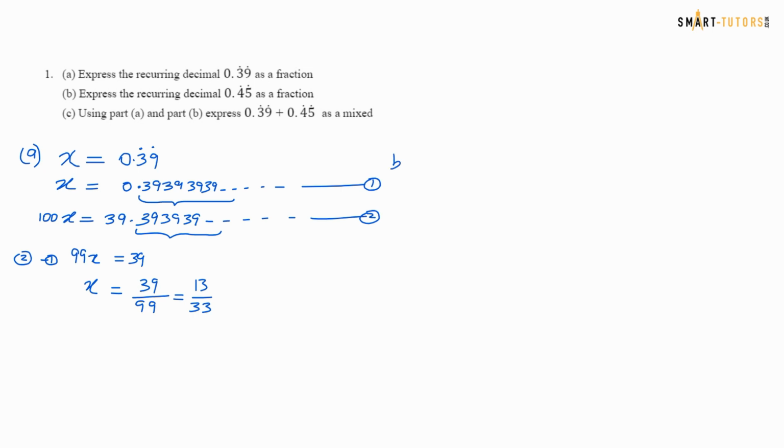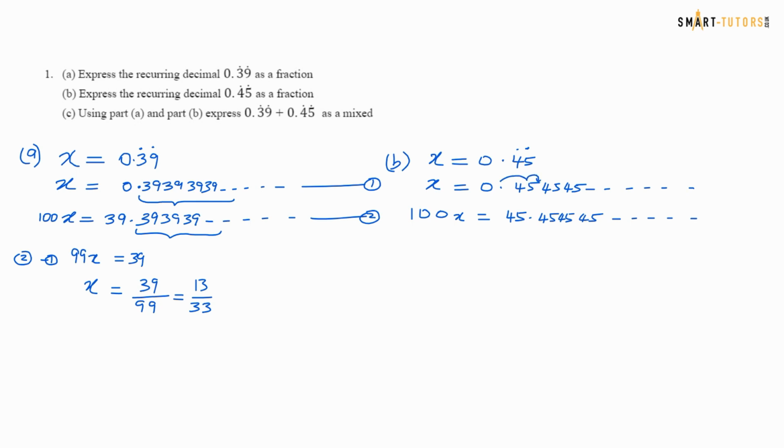Part B, express the recurring decimal 0.45 recurring. Let's assign this as x. It's a separate question. So if I expand, 0.454545..., it's continuing. I'm going to do the same thing. 100x equals 45.454545..., two decimal jumps, so that's where the 45 comes from.